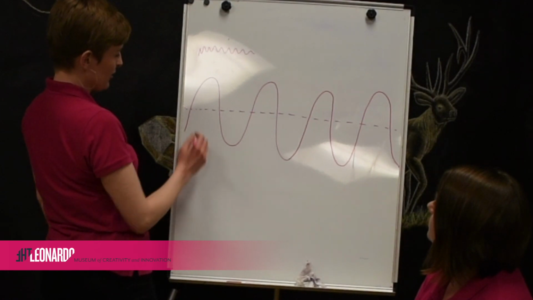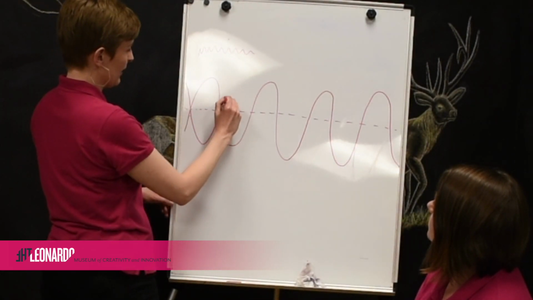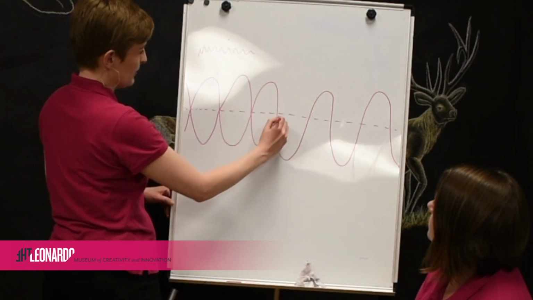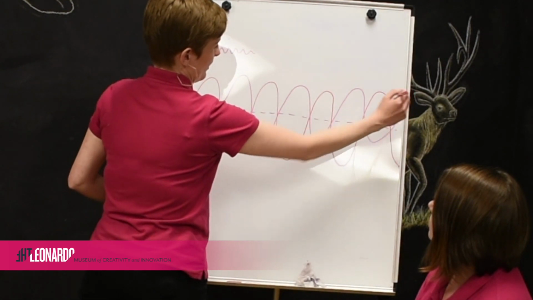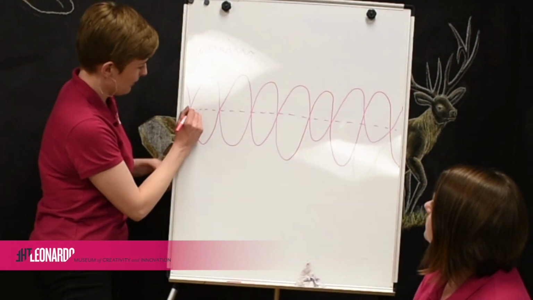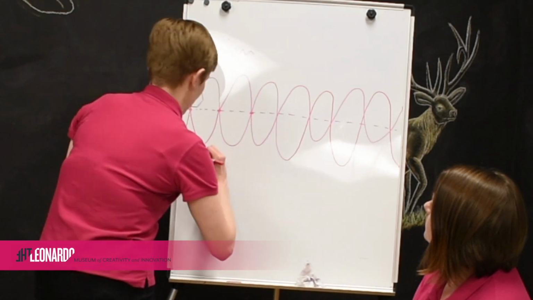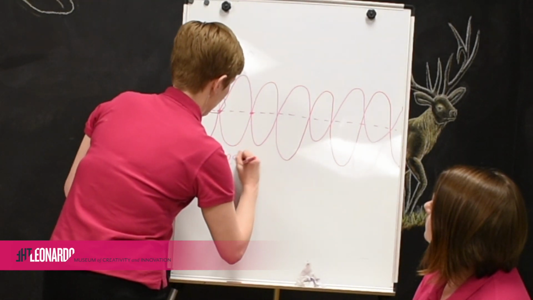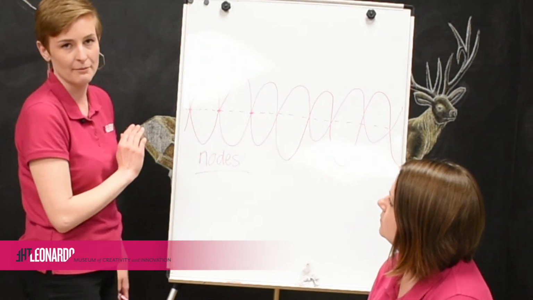The energy is actually meeting these waves and it's traveling back in the exact opposite pattern. And where you see all of these points right here, we call these points nodes. And I learned this really fun fact. Nodes is short for no displacement.